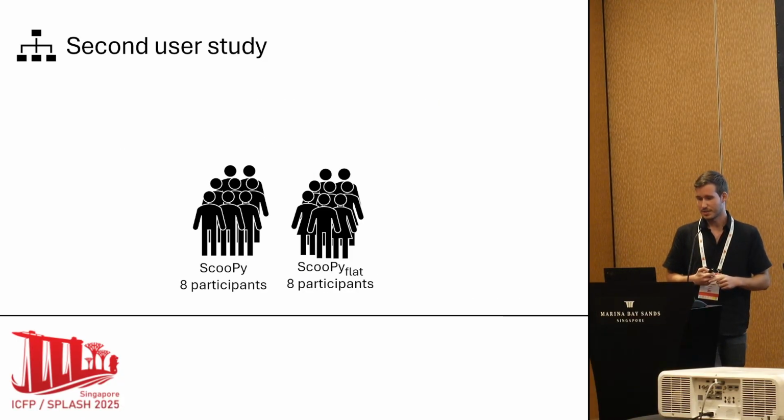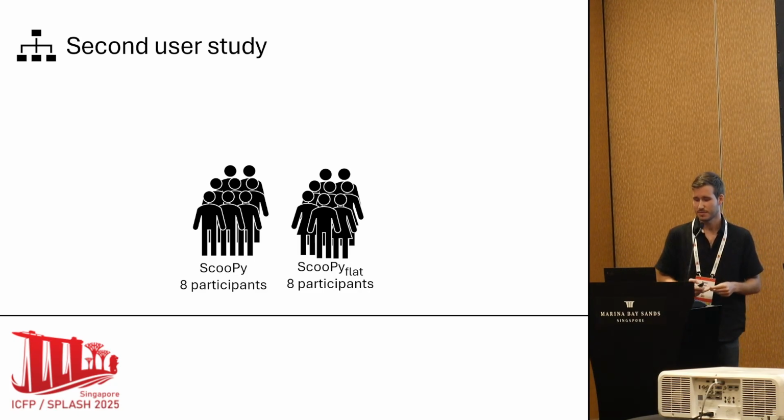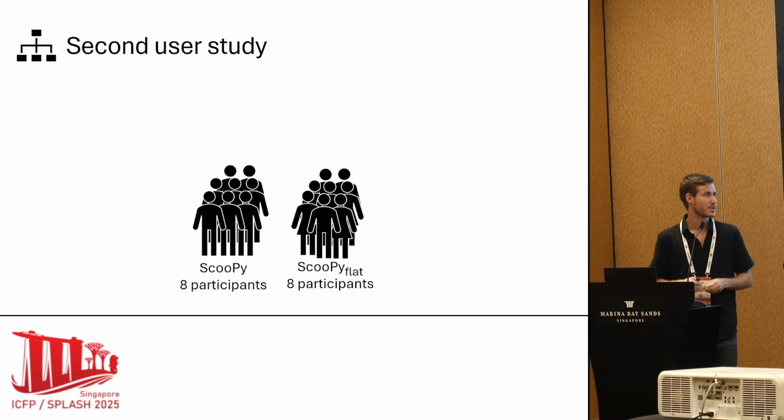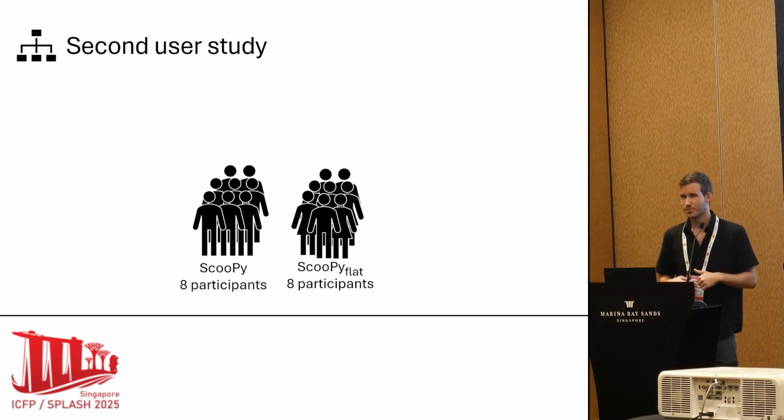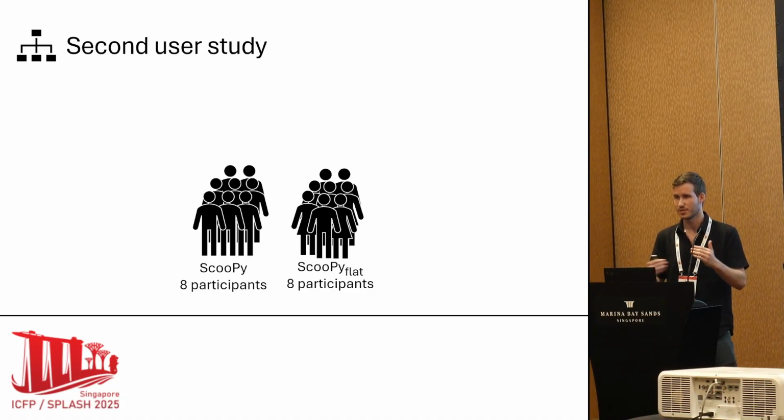Moving on to the second user study, it was a between subject study where we split the participants into two groups. One group got ScooPy with its full ability to synthesize nested example scopes, and the other group got ScooPy, but when trying to invoke the synthesizer on a nested example scope, the synthesizer used only the top level examples, ignoring everything else, like we saw before.